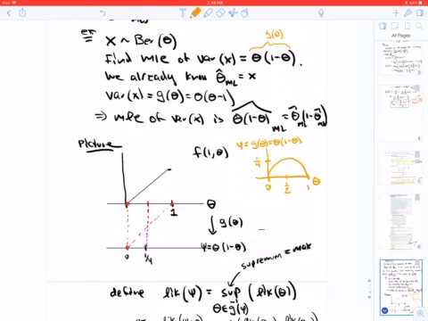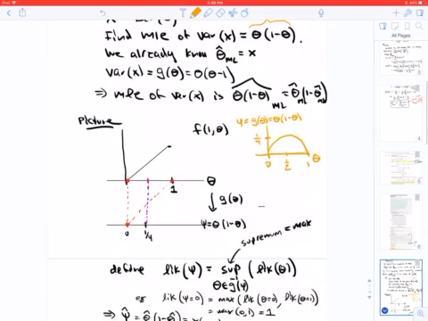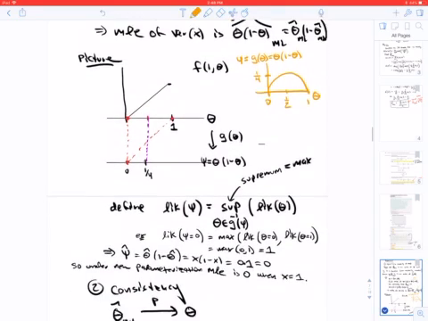According to the equivariance property, the MLE of theta times 1 minus theta will just be theta hat times 1 minus theta hat. It's that easy.